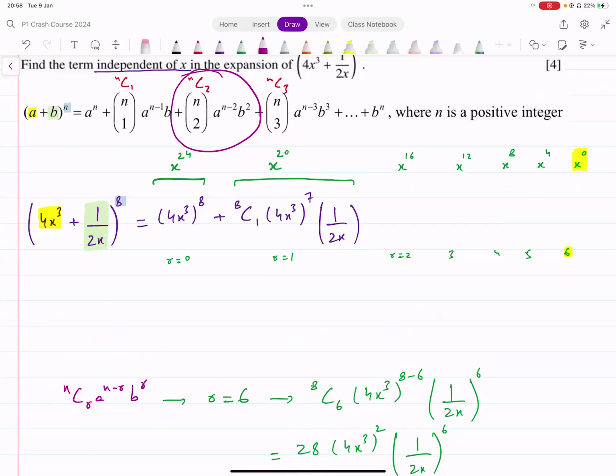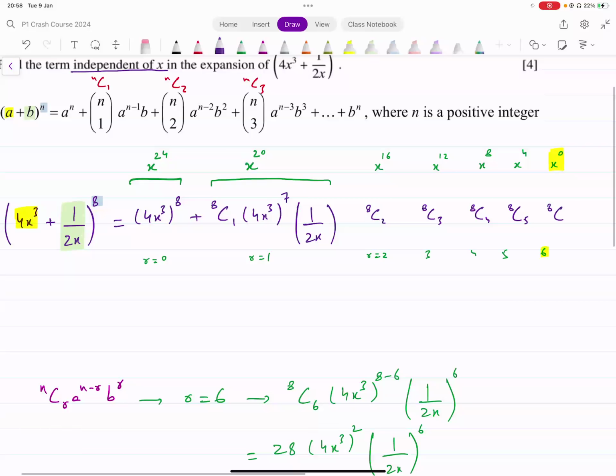All you need to do is just write what is going to happen to this thing. It's 8C1 right now. What about the next one? The next one is going to have 8C2, then you have 8C3, then you have 8C4, then you have 8C5.